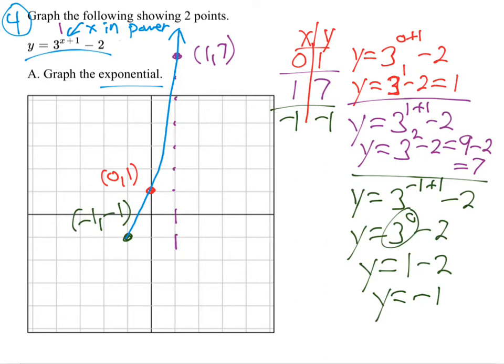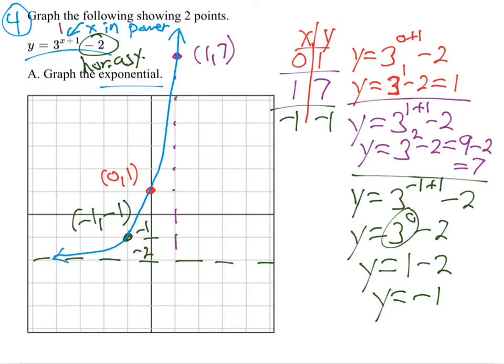And what is the height at which it flattens? Remember, this number right out here is always the horizontal asymptote. So negative 2, so this is negative 1, and right here at negative 2, that's where it flattens out.